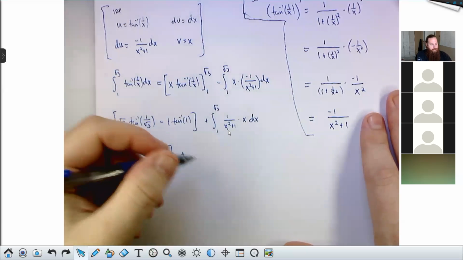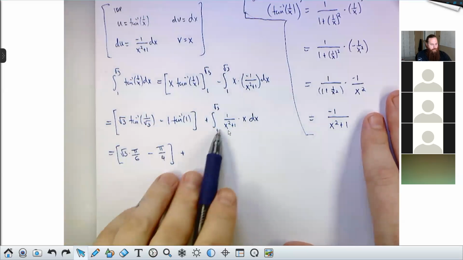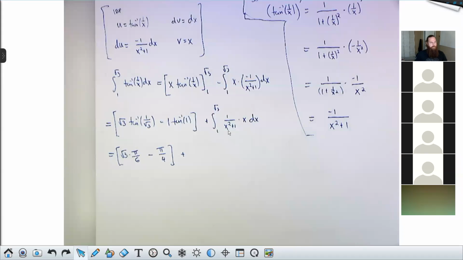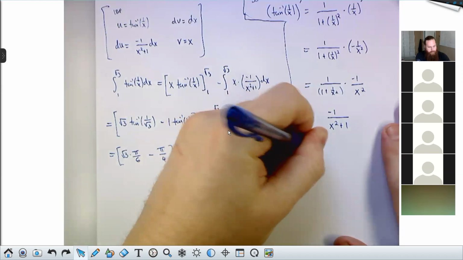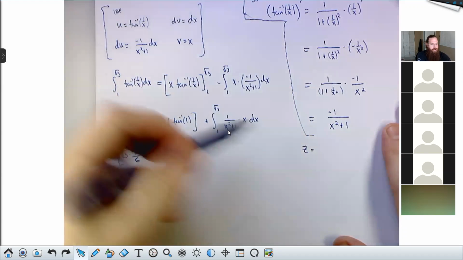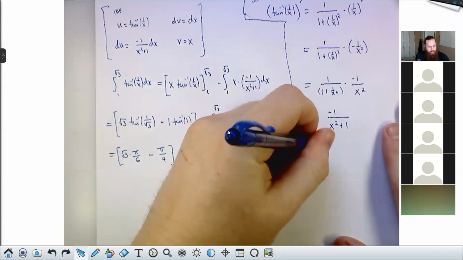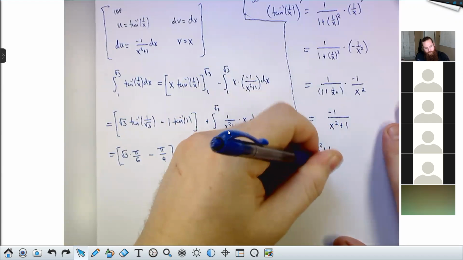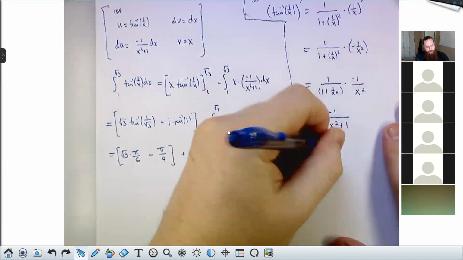Now in this integral, I want to make a substitution. What do I want to substitute for here? I want to let z be, what would make a good substitution in this integral? Yeah, the denominator there, x squared plus 1. Then dz is going to be 2x dx, and I also need to change my bounds.